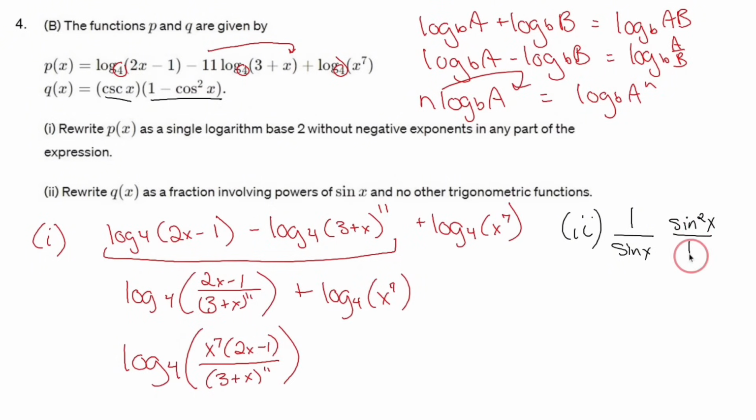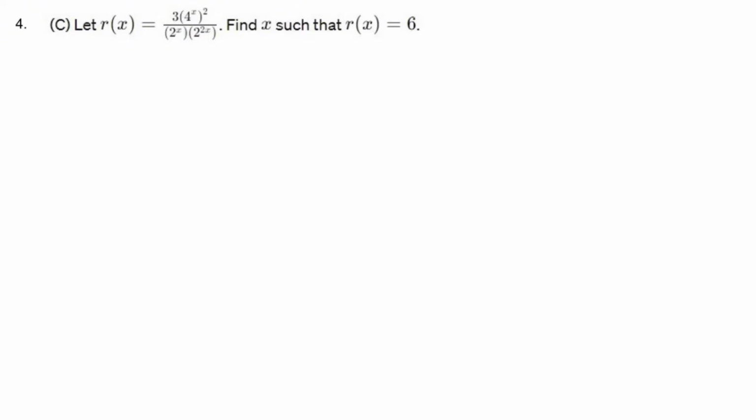Let's put that over 1. Sine x is on the top and 1 on the bottom, so let's cross it out. These 1's are useless, and I'm left with just sine x. So that's how I do that one. I am on fire today.